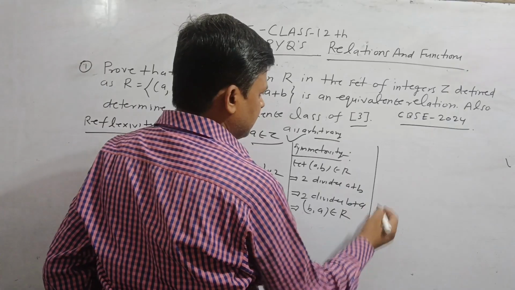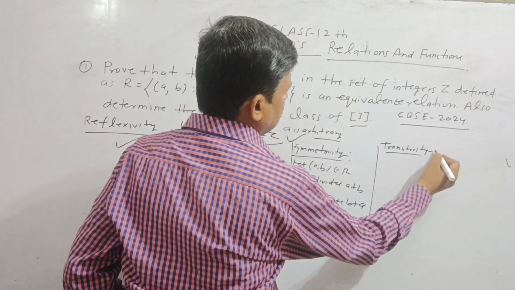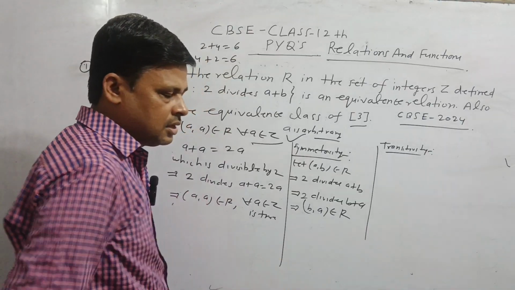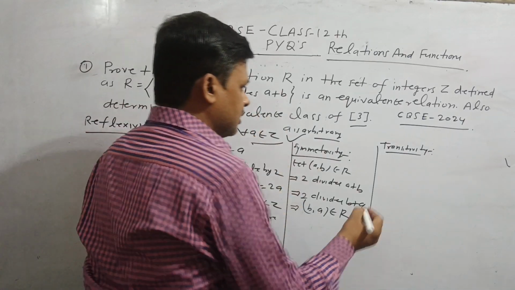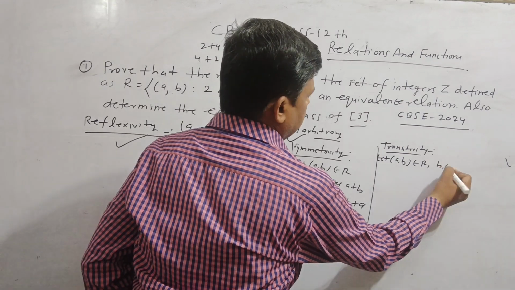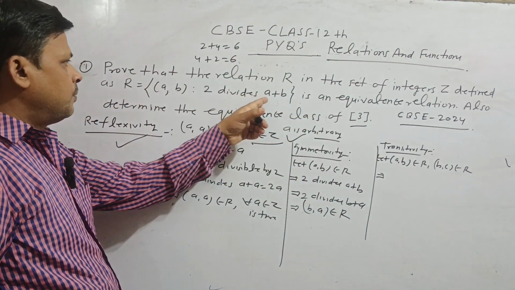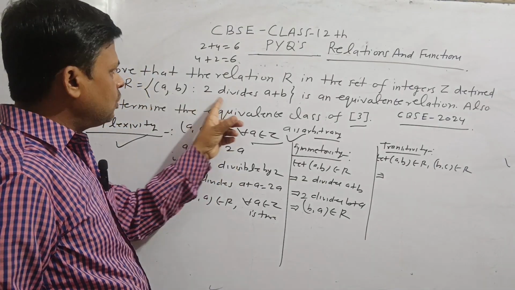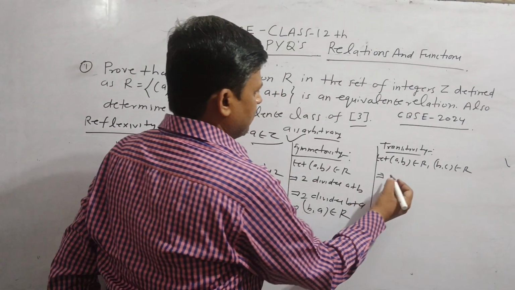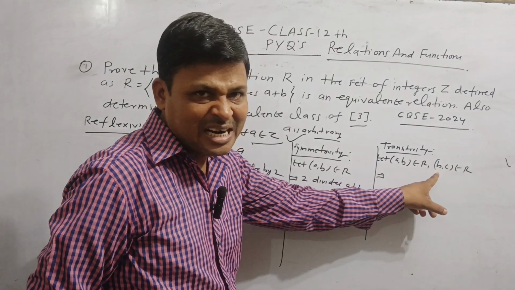Now, what about the transitivity of the relation? For transitivity, we will consider that (a, b) belongs to R and (b, c) belongs to R. So we can say that 2 divides a plus b, and 2 divides b plus c.